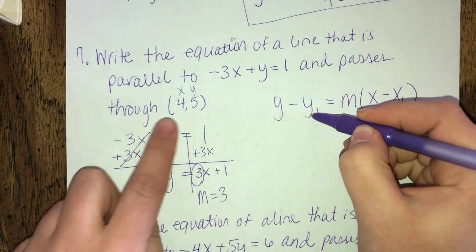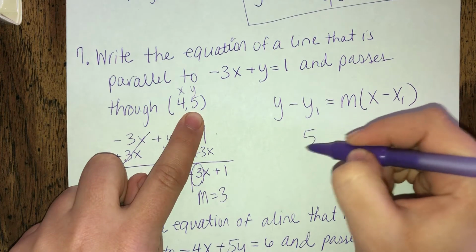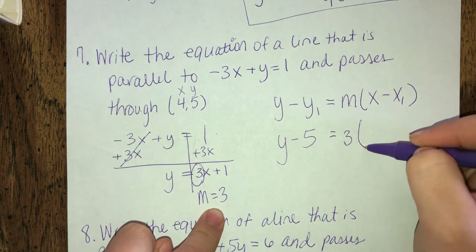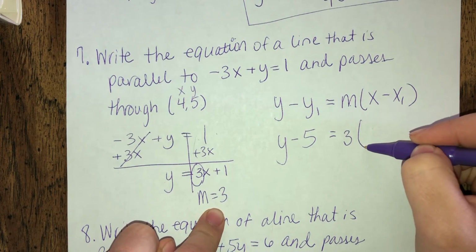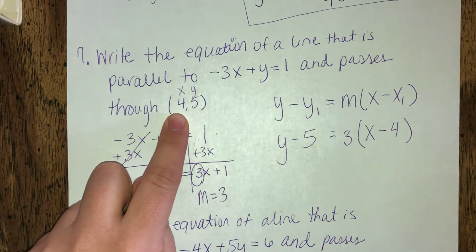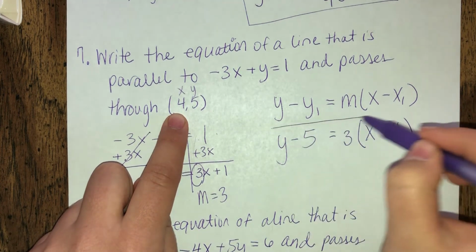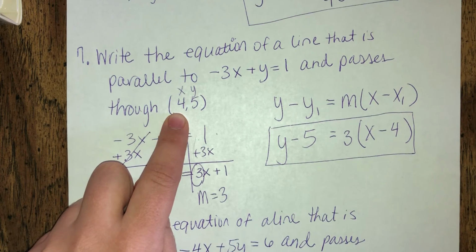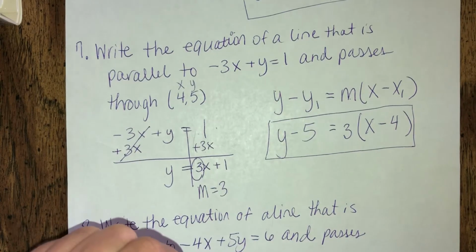My y value is going to be 5. My m has to remain the same. I'm equal to be a parallel line. And then my x is 4. No simplifying needed. You're just plugging in the information that you have found from your work.